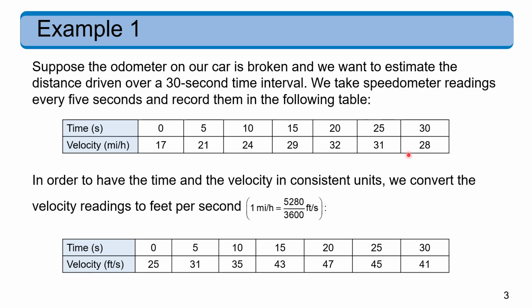So we've got our velocity information, not at every instant, but every 5 seconds. Now just to make the problem into the units we want to use, we're going to convert from miles per hour to feet per second. And so we use this conversion factor, and so we now have all of our velocities in feet per second.